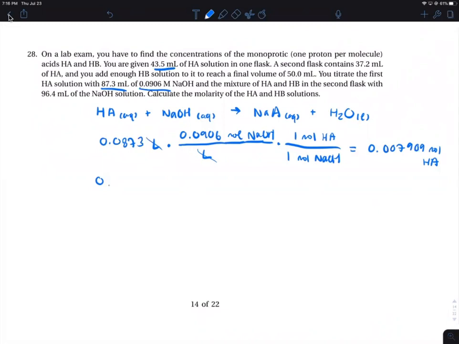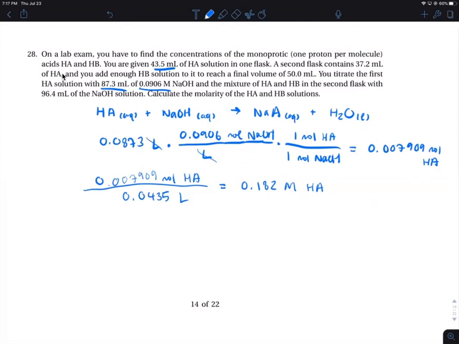So 0.007909 moles HA, and we go ahead and divide by this many liters, which gives us 0.182 molar HA, to 3 sig figs.